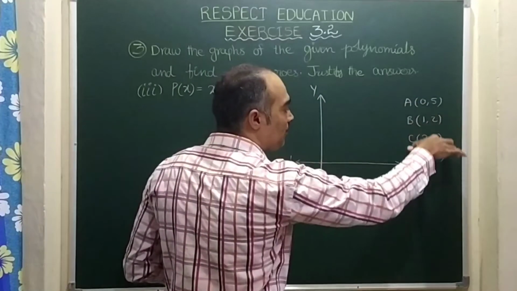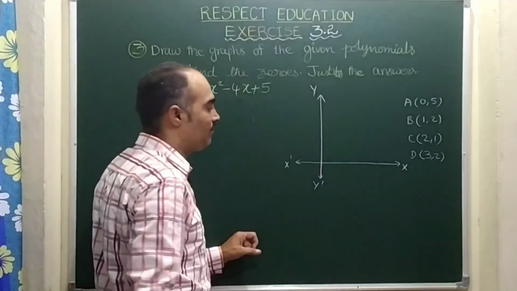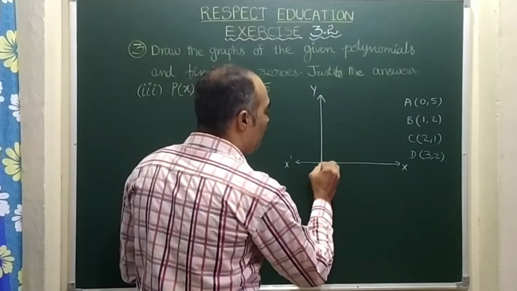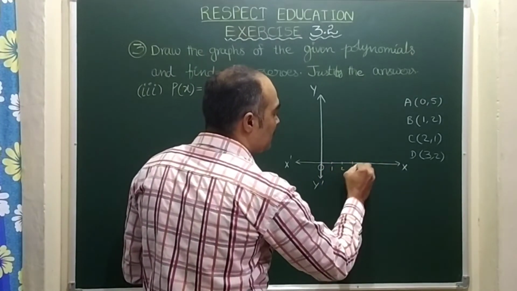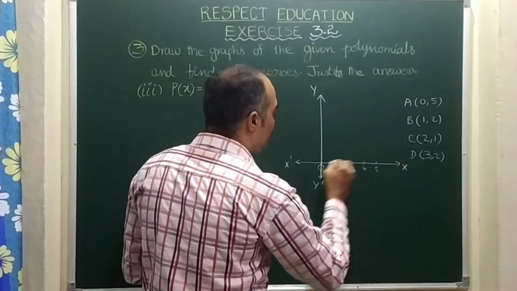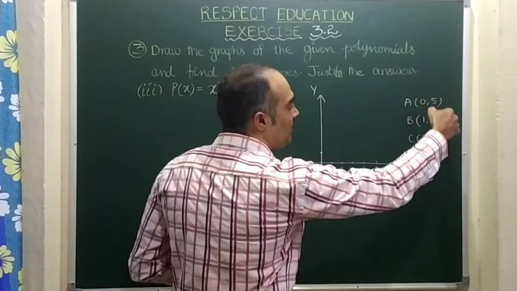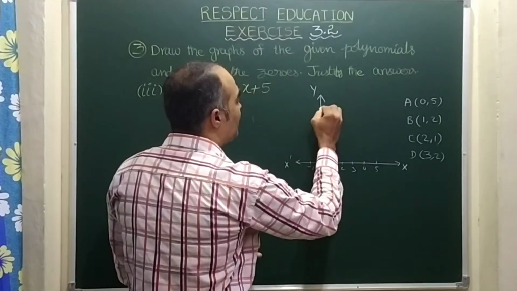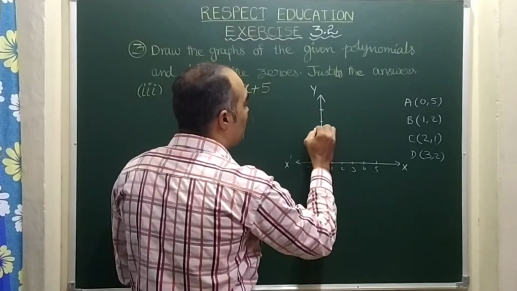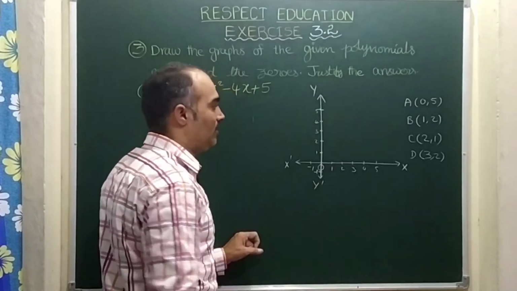Because all the points are positive, I give more space for the graph here. So here it is O (0, 0), this is 1 2 3 4 5, here it is negative 1. For y values, we have maximum value 5 only, so we can take 1 centimeter as 1 unit. So I am taking 1 2 3 4 and then 5, here just minus 1.